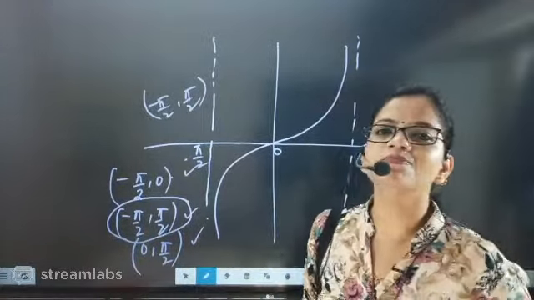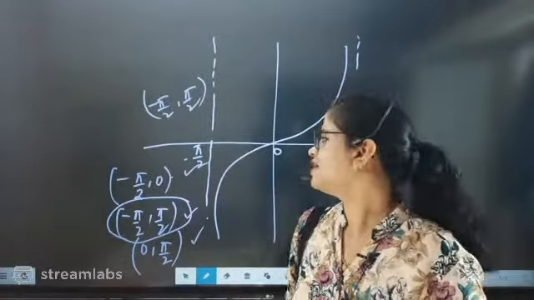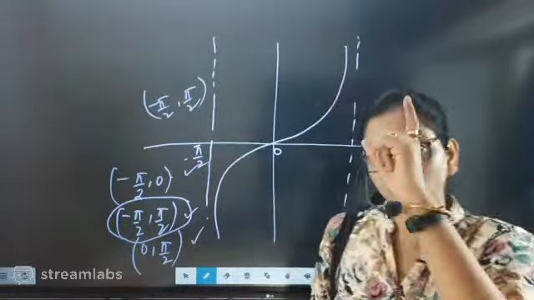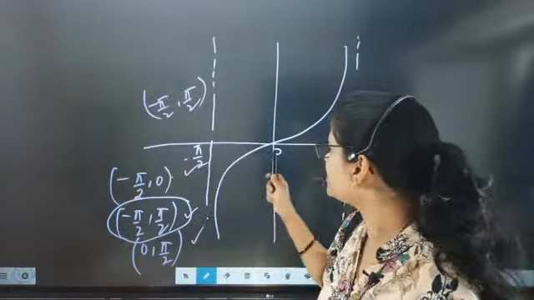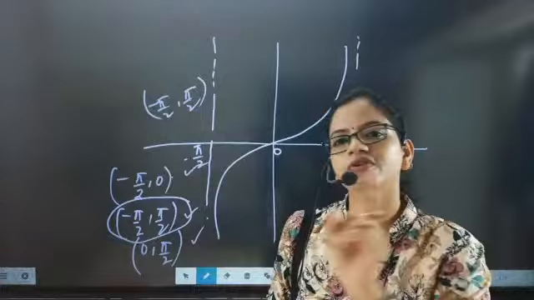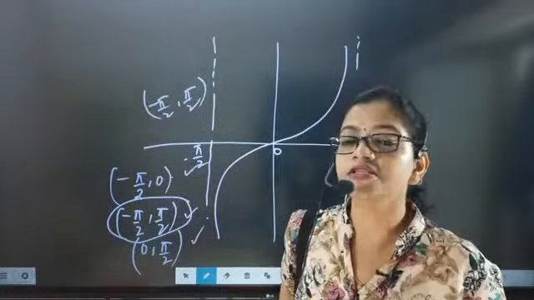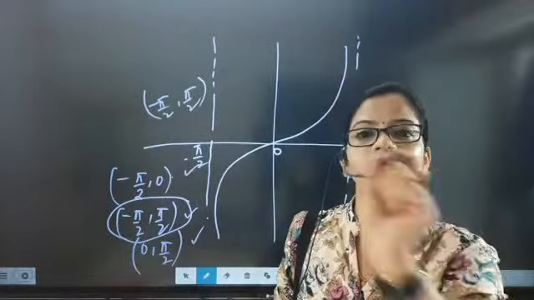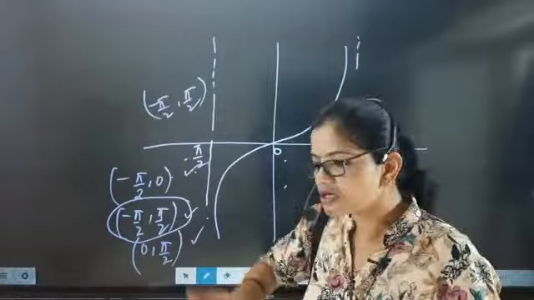Not even a single place is there where the curve is decreasing. It is only increasing. Now you have to understand this point. It is increasing between minus 90 to 0. Between means starting from minus 90 to 0, the curve is increasing.